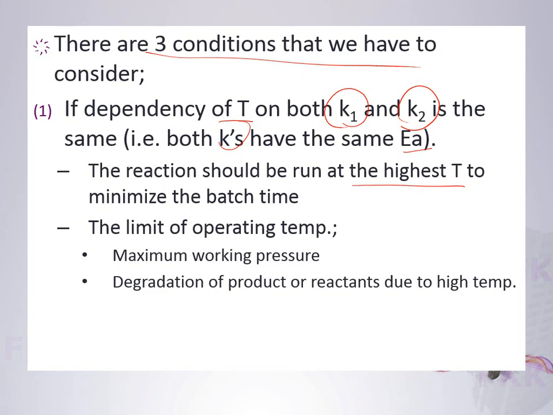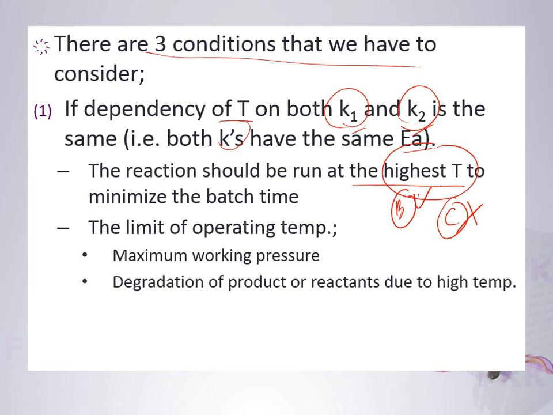Okay, because remember what you want to do is you want to have your B. You don't want the C. So if your K1 and K2 are the same, then the reaction should be run at the highest T to minimize the batch time. But however, your highest temperature is depending on certain conditions.